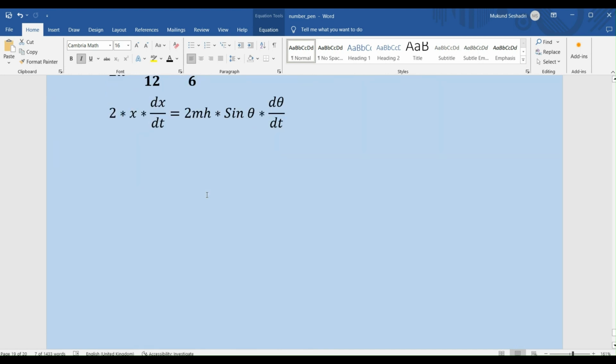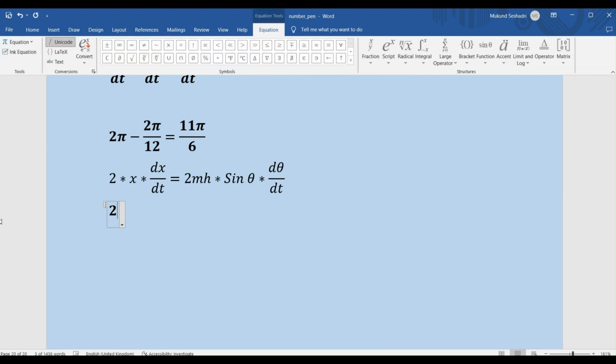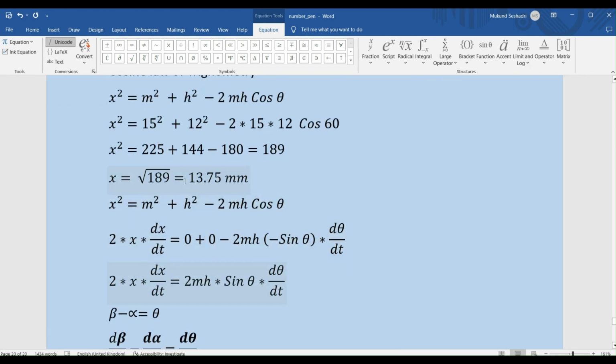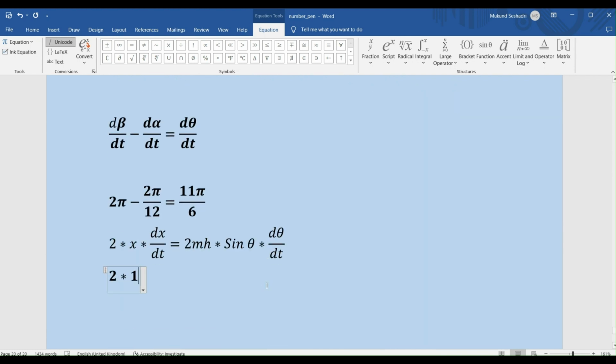And what is x? x is something that we calculated just now. So 2 into my x, which is calculated to be 13.75 mm.